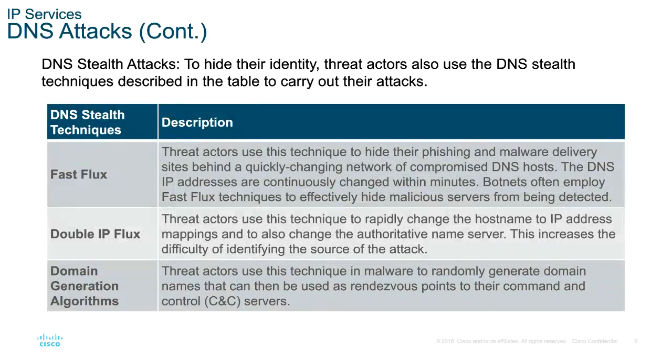Double IP flux uses the same thing, but it's also changing the mappings, so it makes it harder to track the source. Last one there is domain name generation algorithm. These randomly generate domain names and points them towards a command and control server, which can then redirect legitimate traffic.